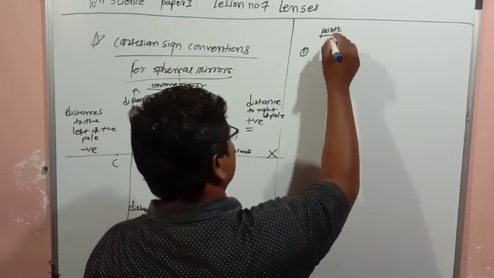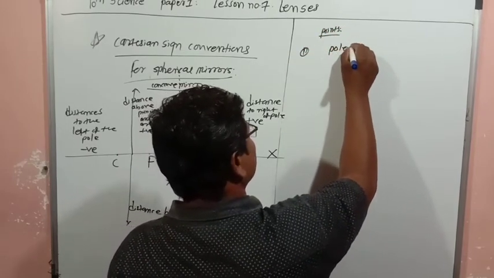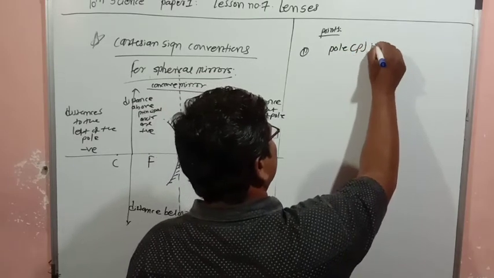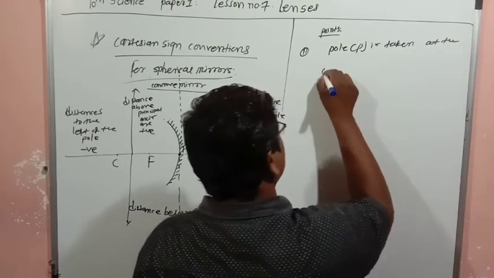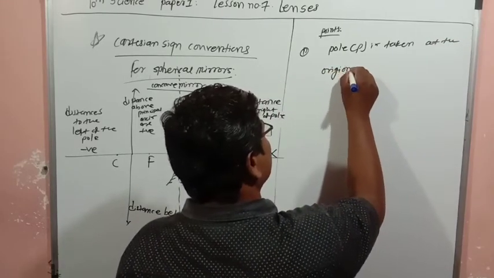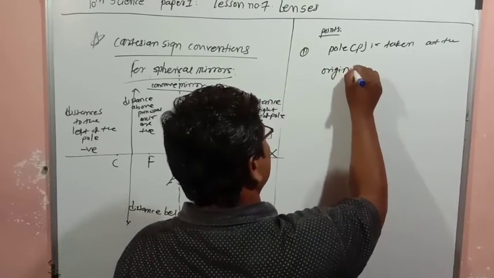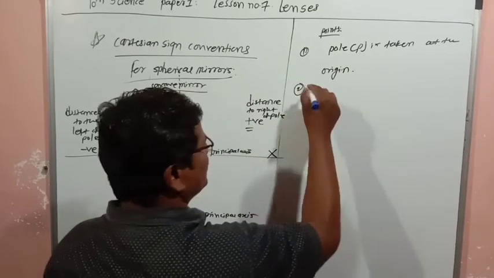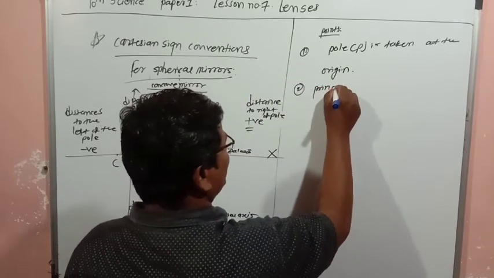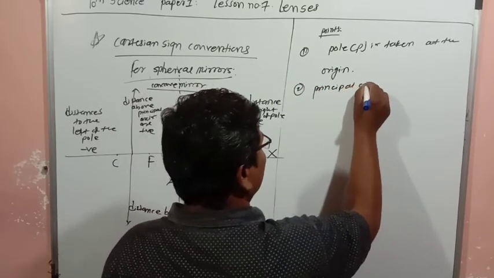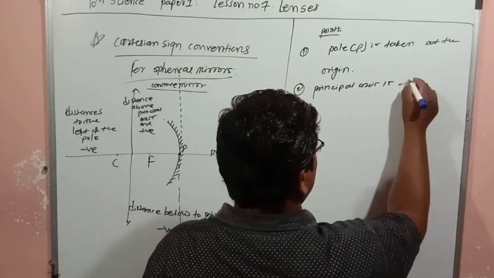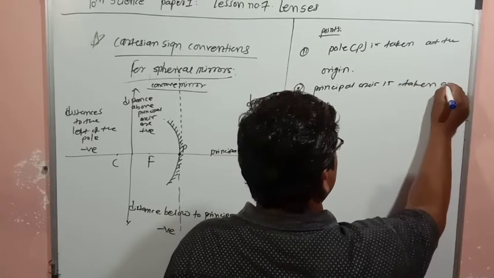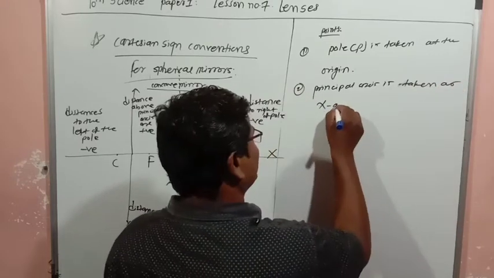First, the pole P is taken at the origin. Second, the principal axis is taken as the x-axis.